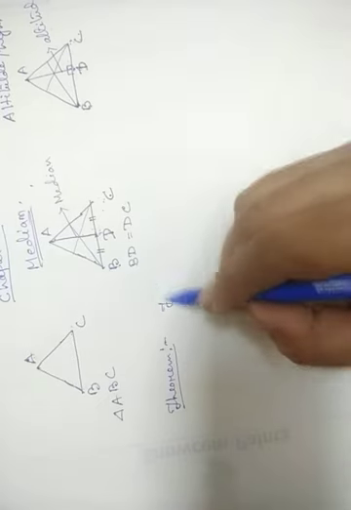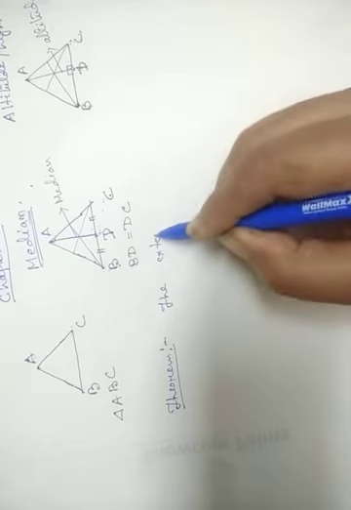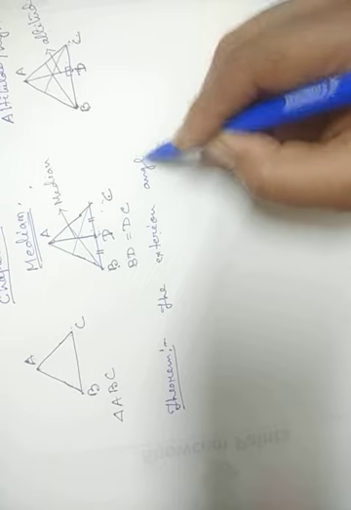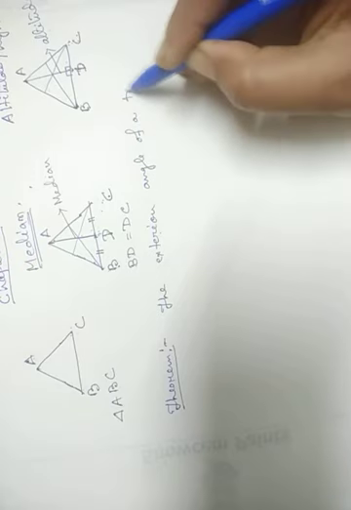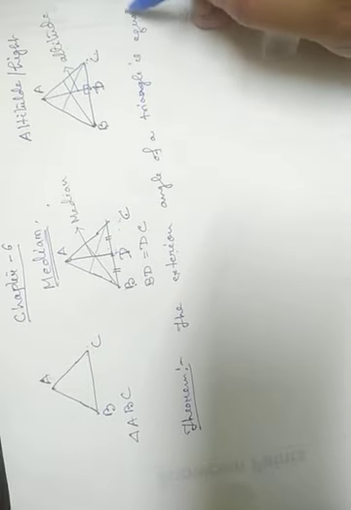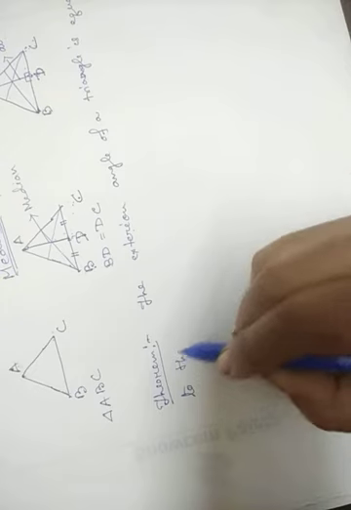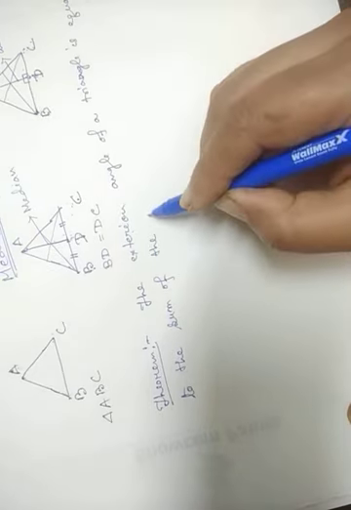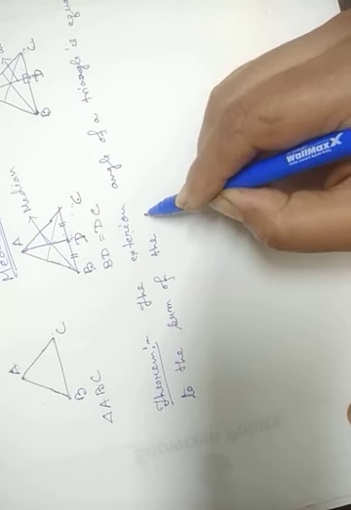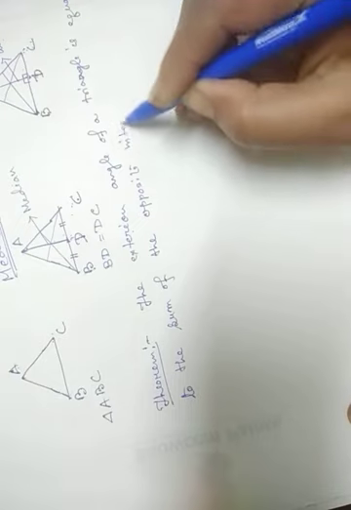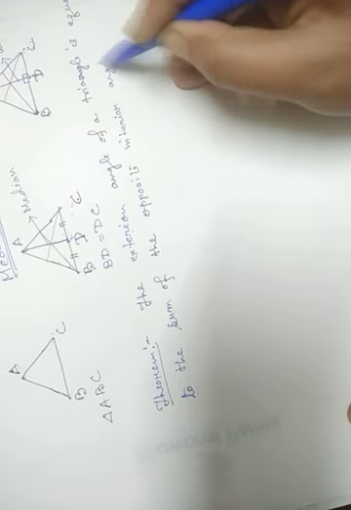The exterior angle, sorry, not point, the exterior angle of a triangle is equal to the sum of the opposite interior angles.